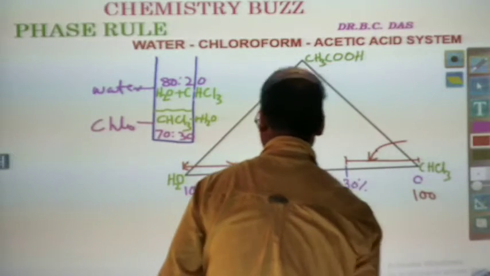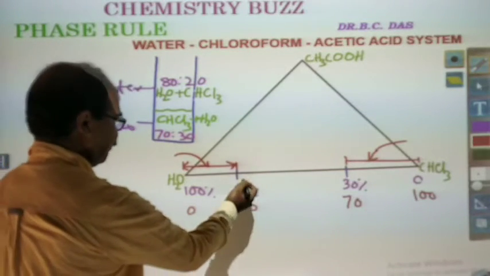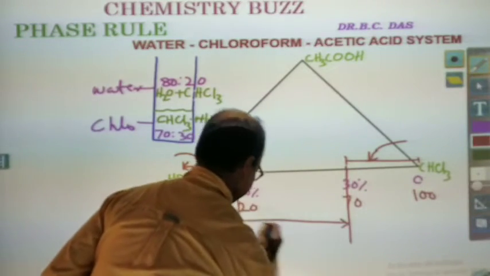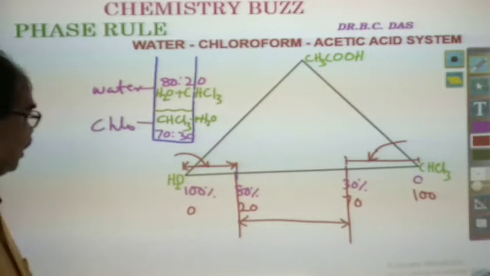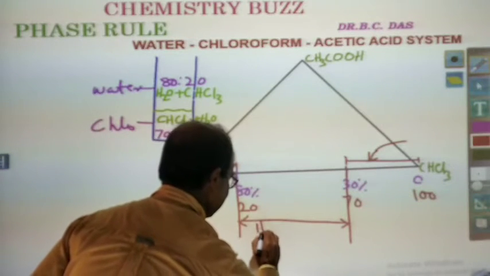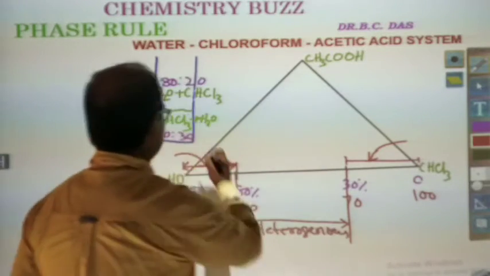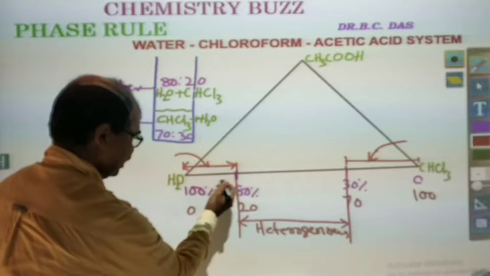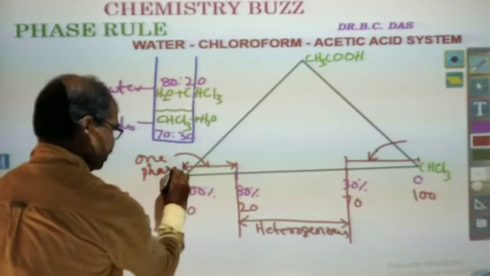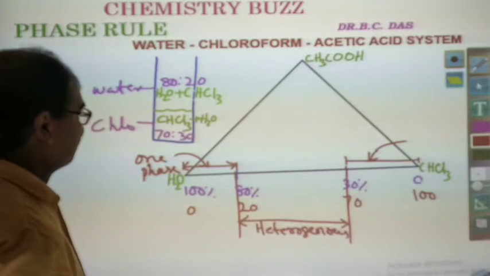Any composition of the mixture in between these ranges forms two layers, that is water layer and chloroform layer. This is called heterogeneous, a two phase system. In this range it is one phase, homogeneous, and in this range it is also one phase and homogeneous.